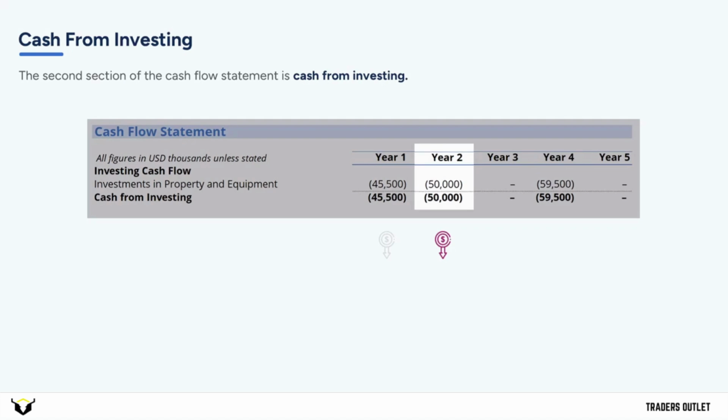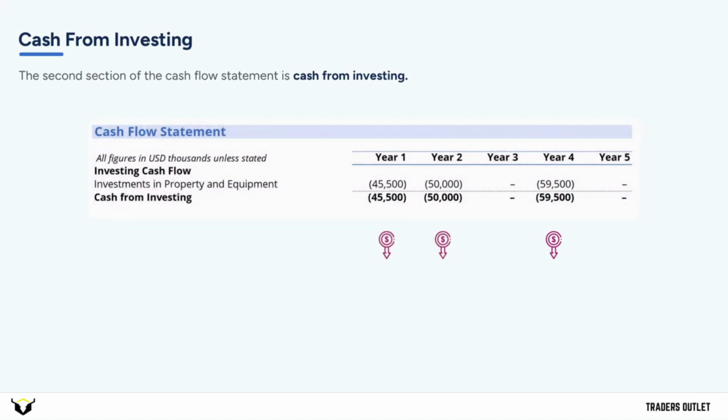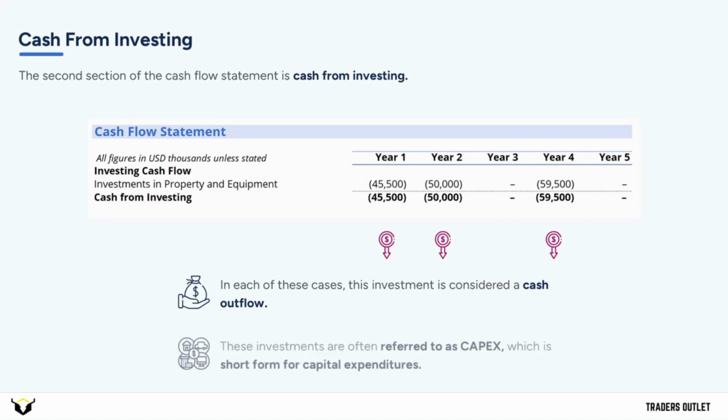And if we look at the fourth year, they invested another $59,500. In each of these cases, this investment is considered a cash outflow and is represented by a negative number. These investments are often referred to as capital expenditure, or CapEx for short.